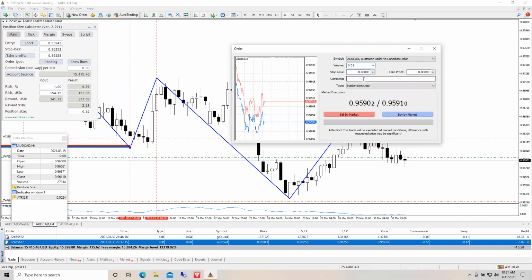Okay, after that, obviously, if this is a market execution, you must put in at least your stop loss level before you execute the trade. So volume first, stop loss next for market execution trades. And to be honest, once you've placed the order, because if you're doing a market execution, let's face it, you're obviously looking to get in at that moment in time.